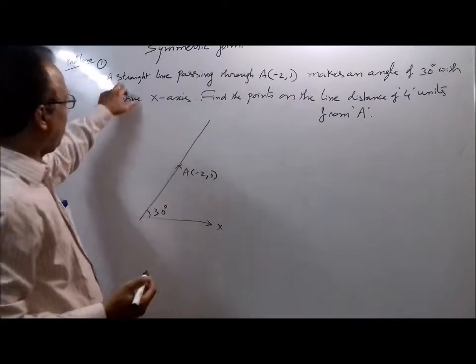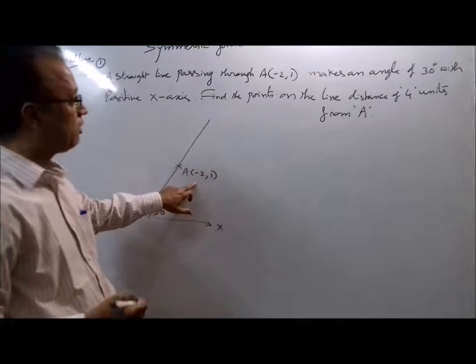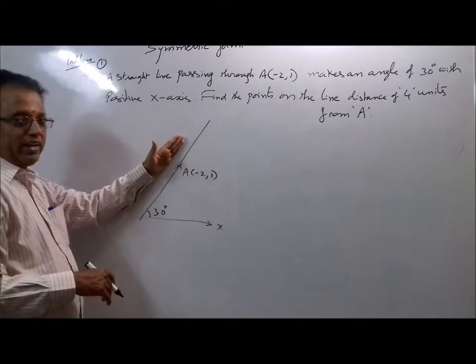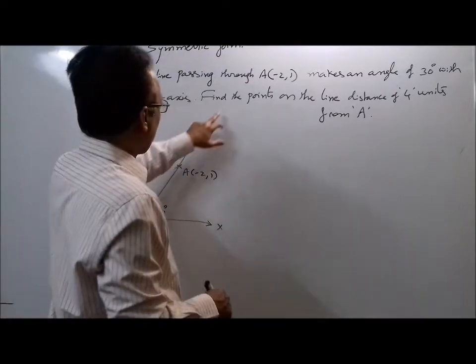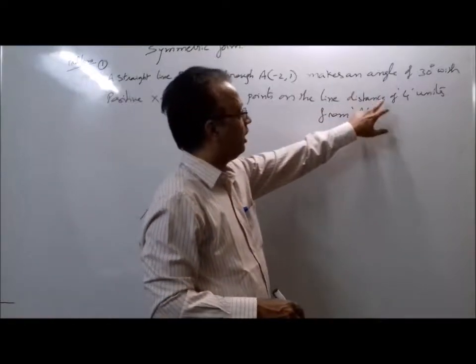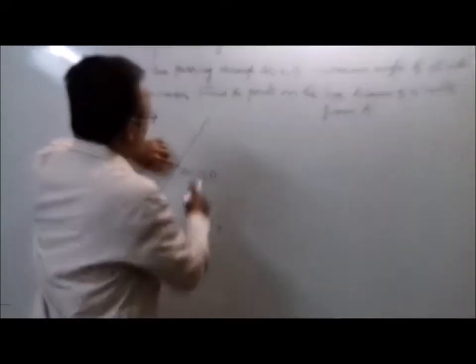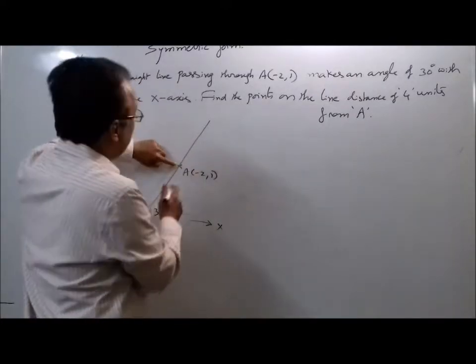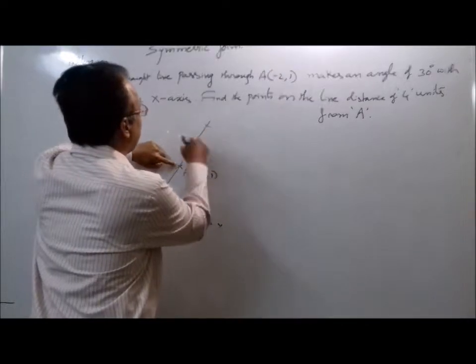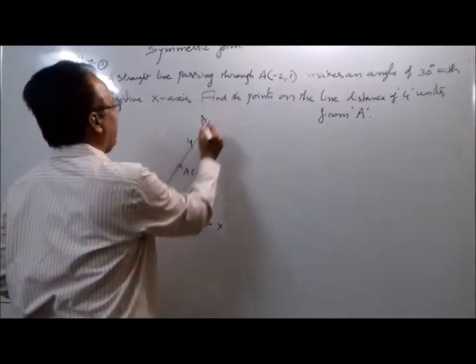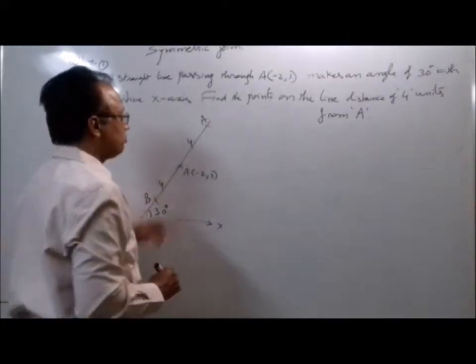He is asking about a line passing through A (minus 2, 1) making an angle of 30 degrees with the positive x-axis. Now find the points on the line at a distance of 4 units from A. On the same line we should find the points, 4 units ahead and 4 units behind. So here it is A, here it is B.